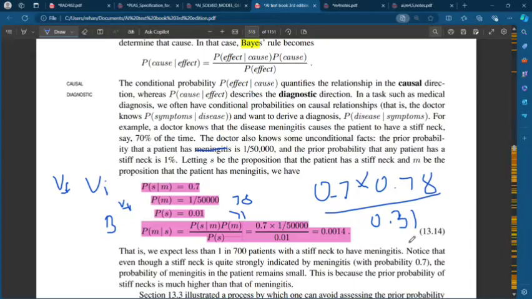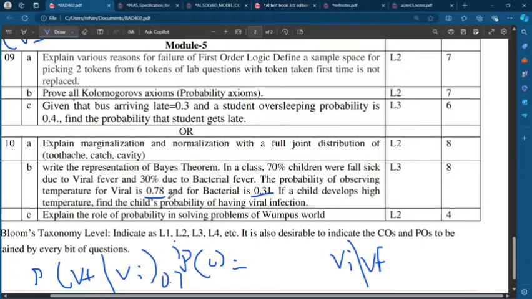Let me just calculate this on mobile. Even you can do it on mobile if you want. 0.7 into 0.78 is equal to 0.546, divided by 0.31. So I am getting the probability 1.7 something like that.